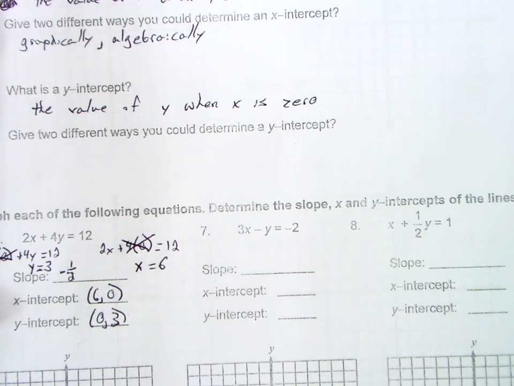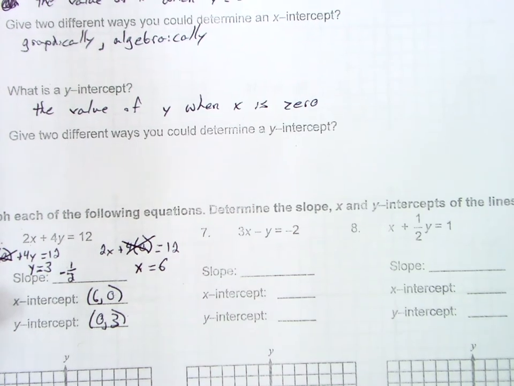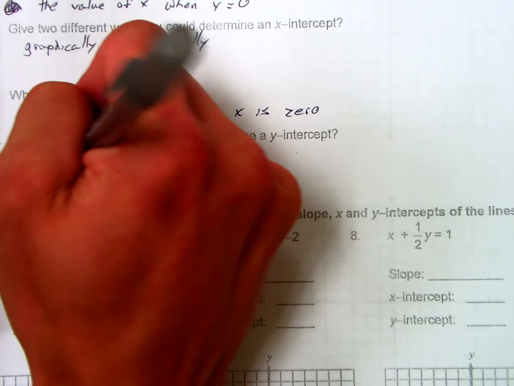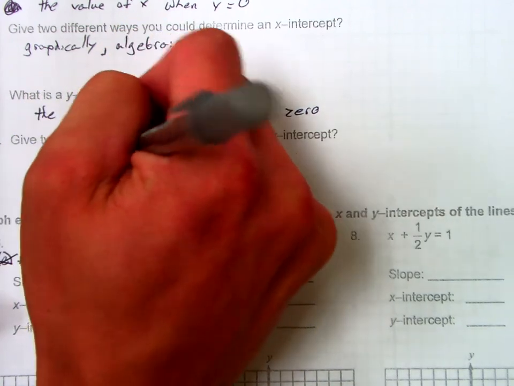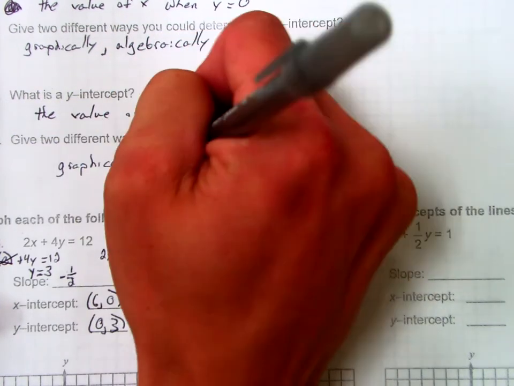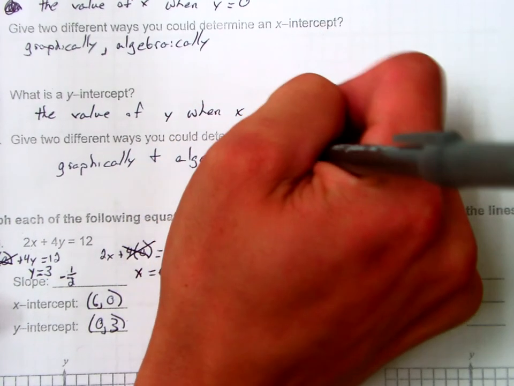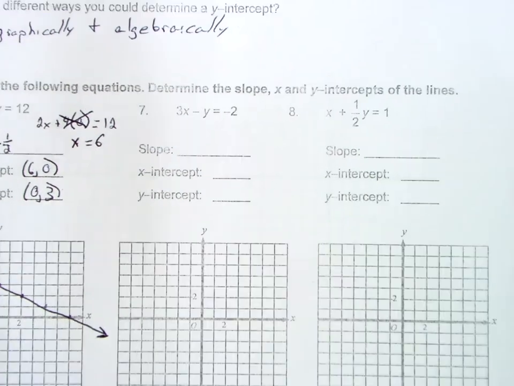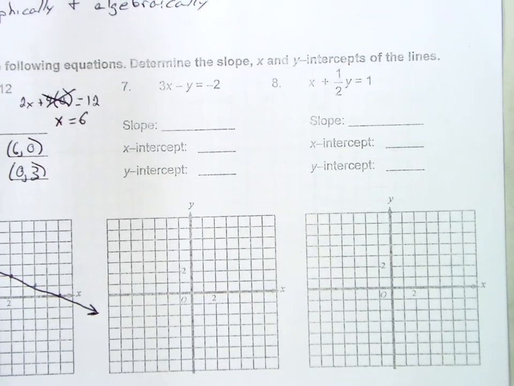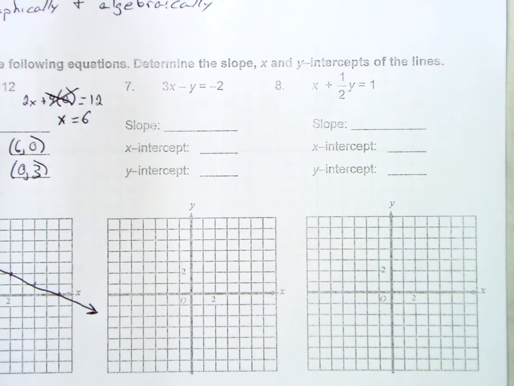Give two different ways you can determine a y-intercept. Same idea, graphically and algebraically.